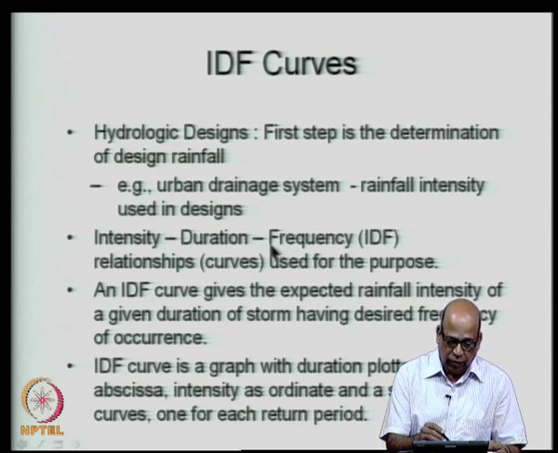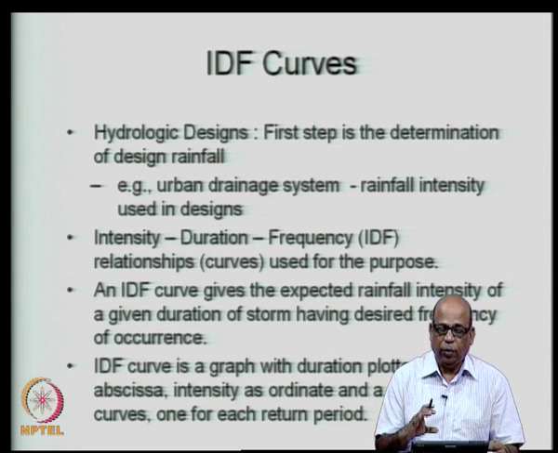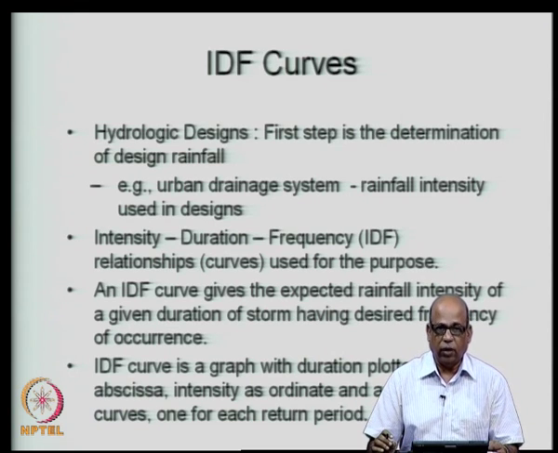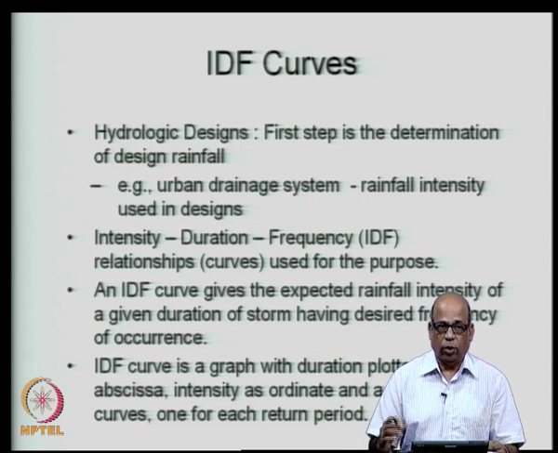So, the frequency or the return period is a matter of judgment of the designer based on the importance for which the hydrologic designs are meant. You may have a very critical installation like a nuclear reactor or some such thing, for which you need to provide flood drainage, in which case you may want to use a 1000-year return period flood and so on.